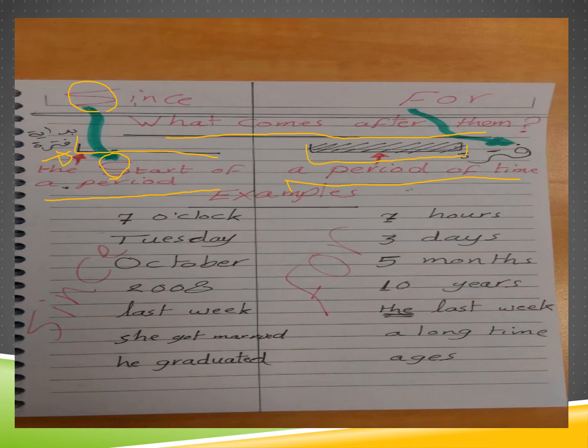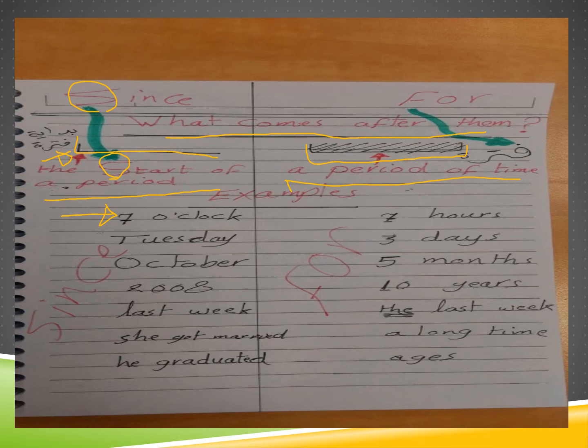Let's see examples of things that come after since and those that come after for. For example, 7 o'clock. I haven't seen him since 7 o'clock. So, for example, now it's 1 o'clock, 1 p.m. So it's been like 6 hours since I met him or since I saw him.